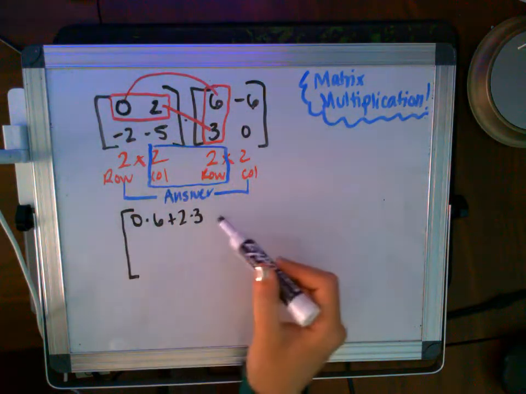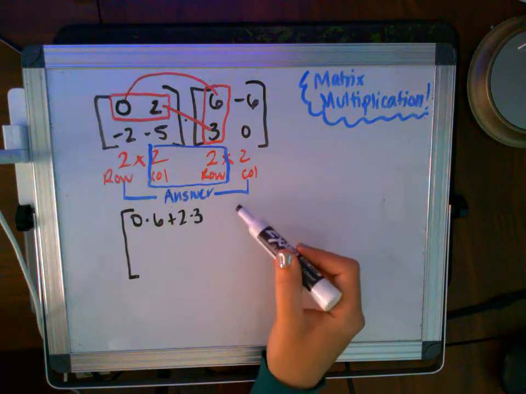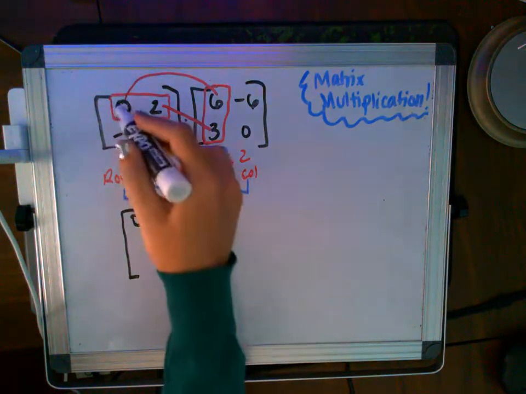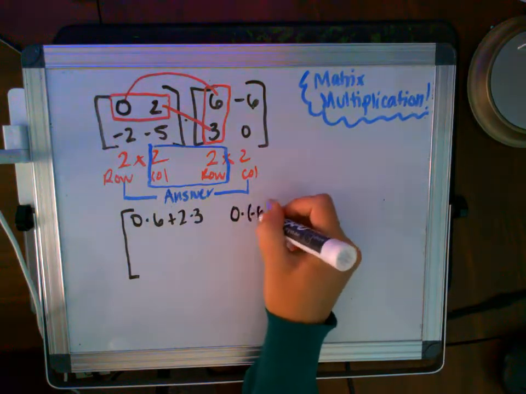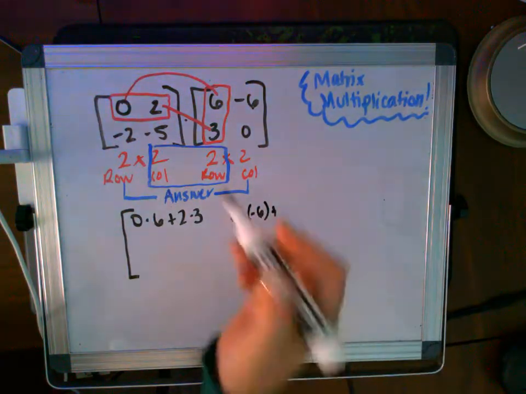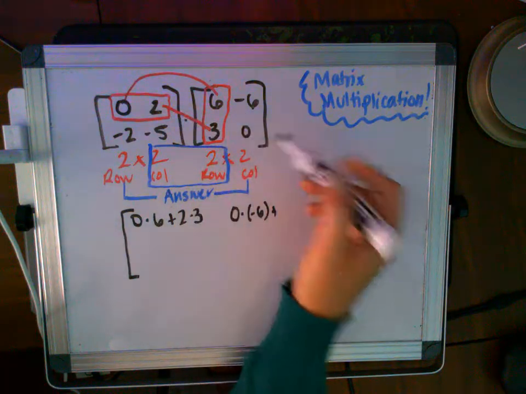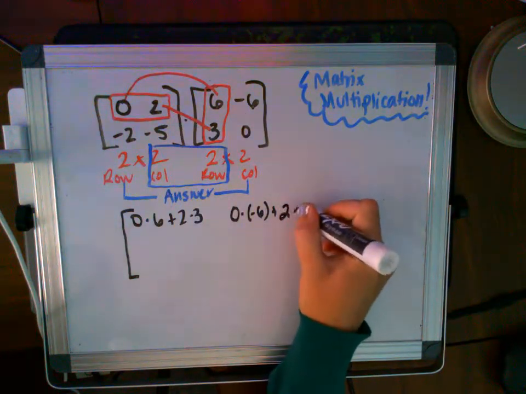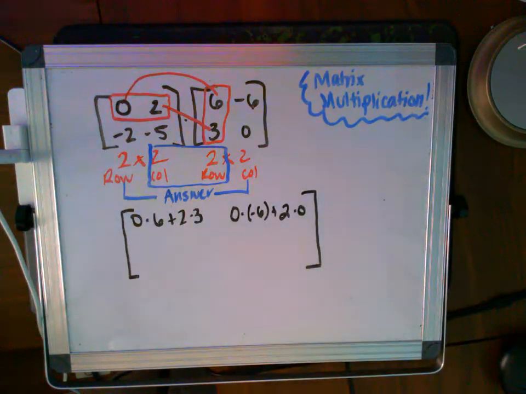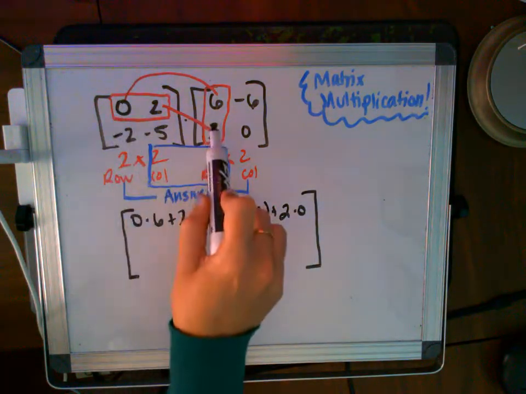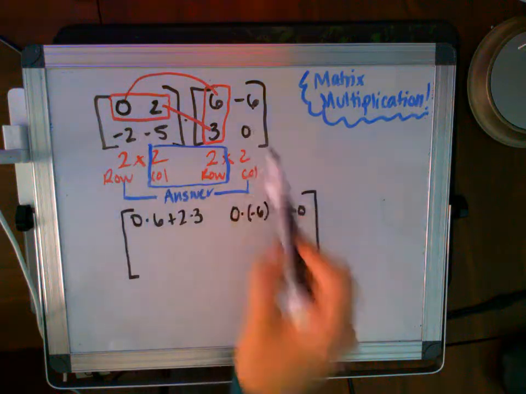That's going to be row 1, column 2's answer, the one on the right here. So we're going to do 0 times negative 6 plus 2 times 0.